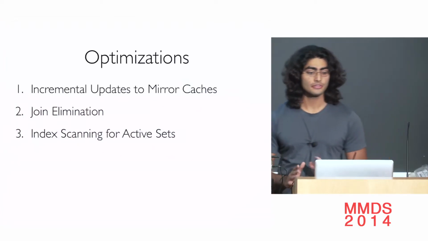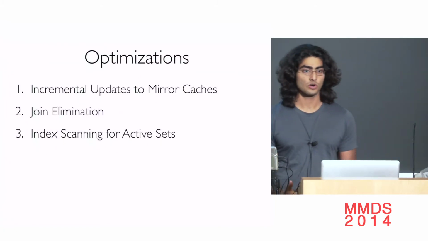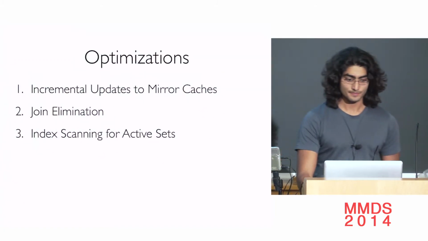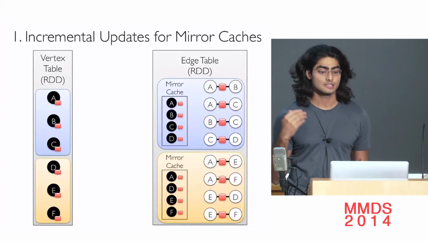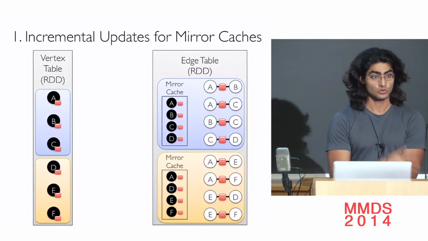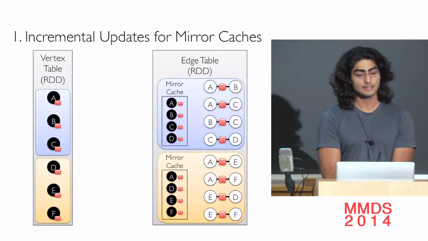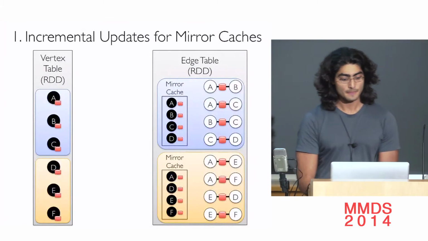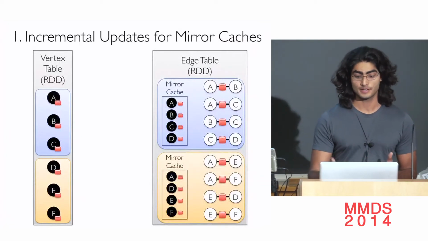All right, now we made three important optimizations to this pattern to make the core of GraphX faster. First, iterative algorithms typically update at least some of the vertex attributes in each iteration, only some. And so the mirror caches need to stay up to date to form the triplets correctly. So rather than rejoining all the attributes each time, we just update the caches incrementally.